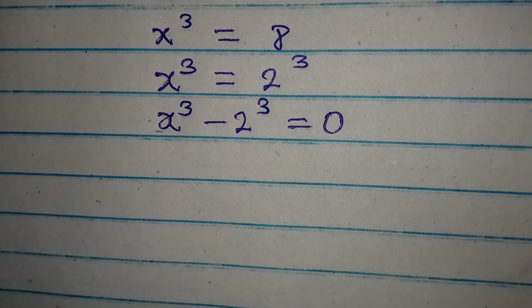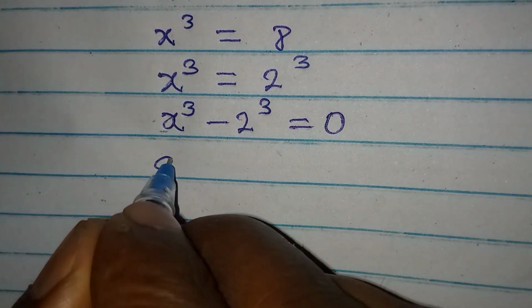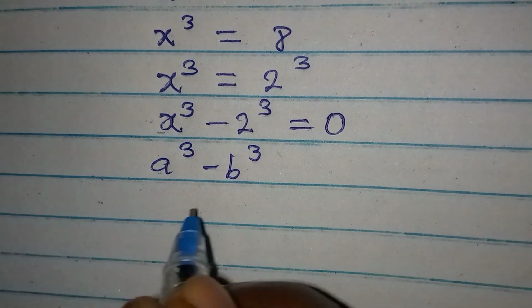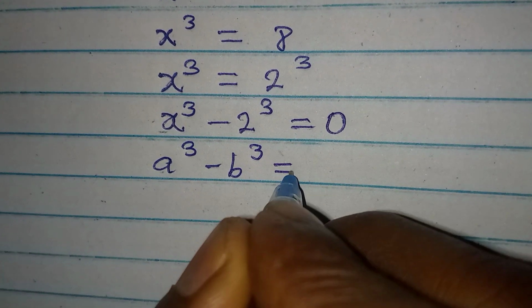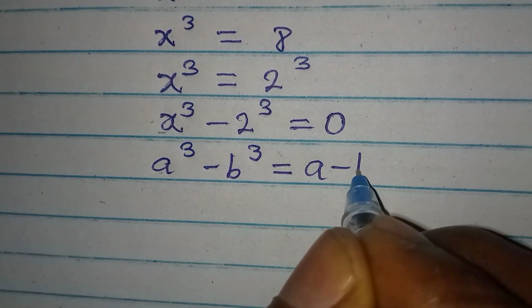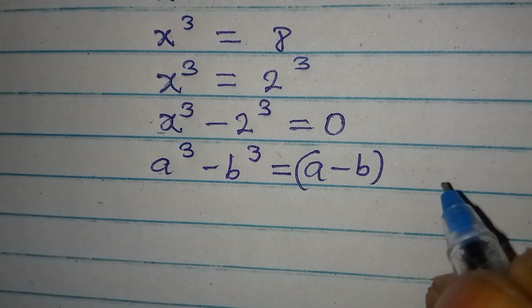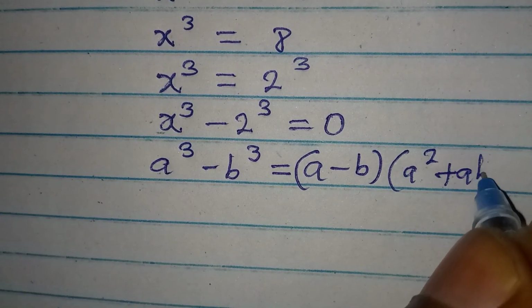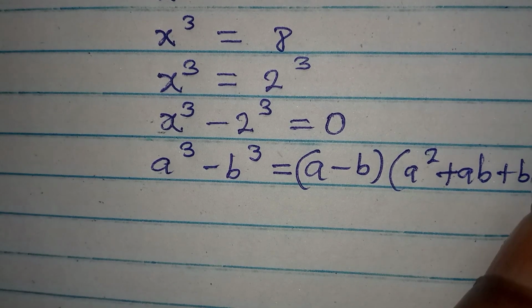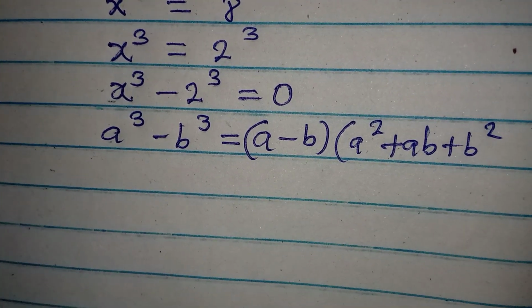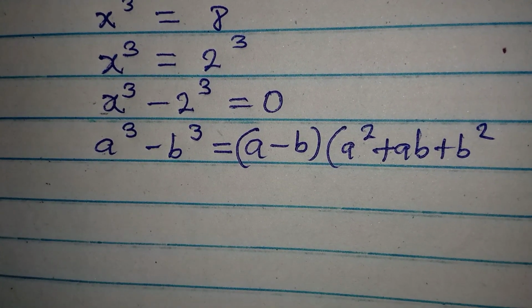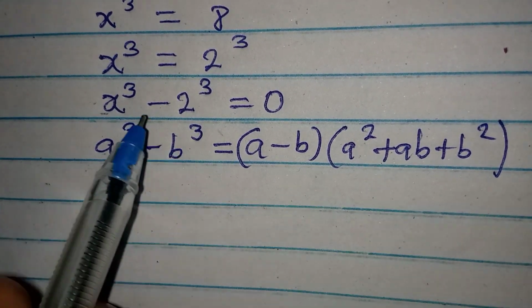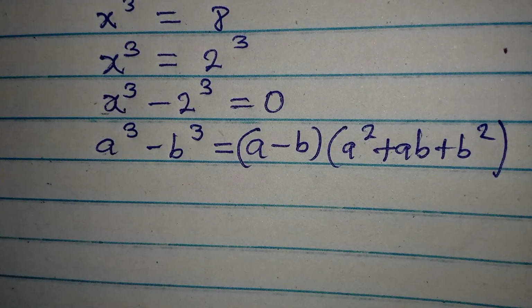Now you can apply a standard. If you have a to the power of 3 minus b to the power of 3, this is the same thing as a minus b, close this, into a squared plus ab plus b squared. Okay, so these are the same, then we close this. So we're going to apply this standard to deal with this.